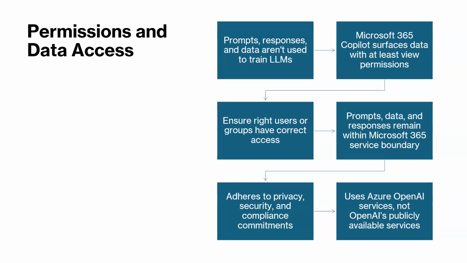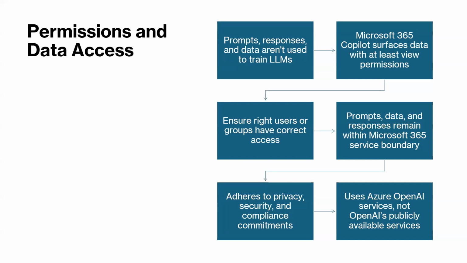If I tried to ask a question about something I don't have permission to, I'm not going to get access to something I didn't already have access to. So Copilot is not going to be a backdoor or a roundabout way for your employees to get to information that they don't have access to.